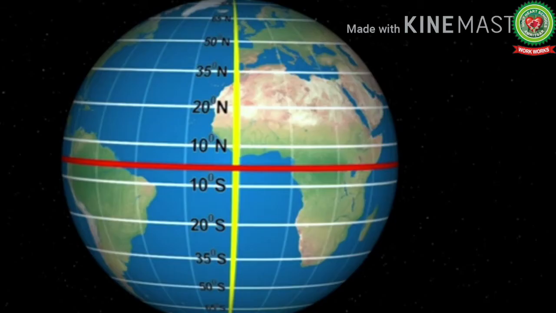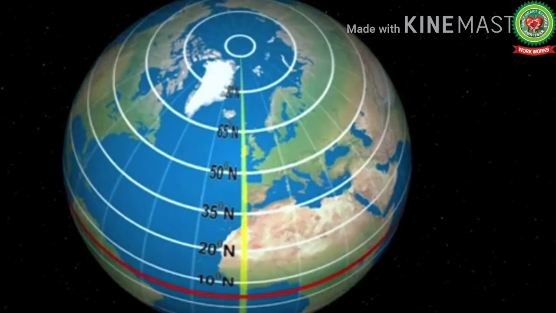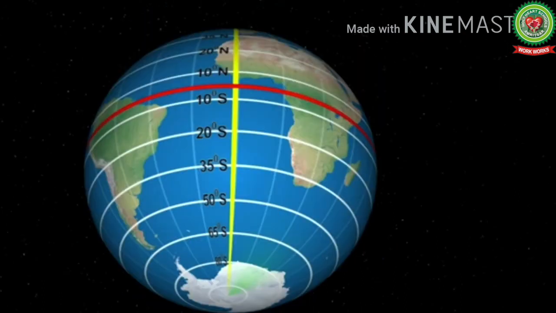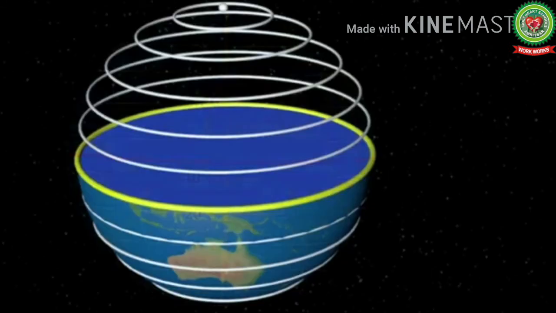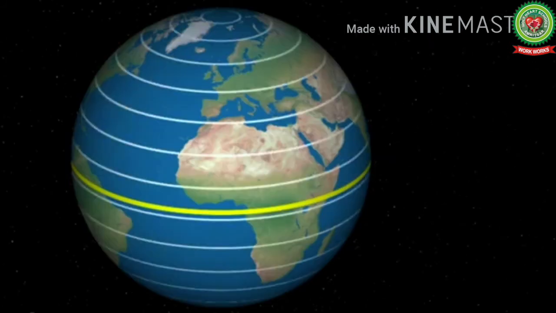In total we have 181 latitudes, 90 in the northern hemisphere and 90 in the southern hemisphere, and one is the equator, so the total is 181. All the latitudes are not drawn on a globe for a practical purpose, because if we draw all the lines on a map or a globe, it would appear very crowded.